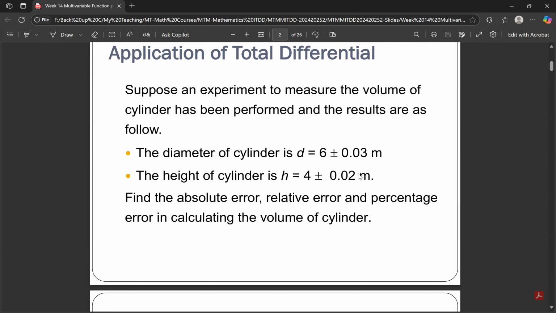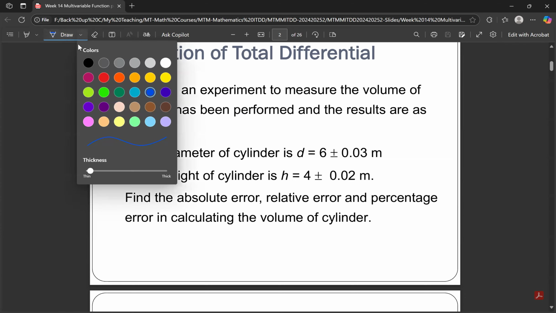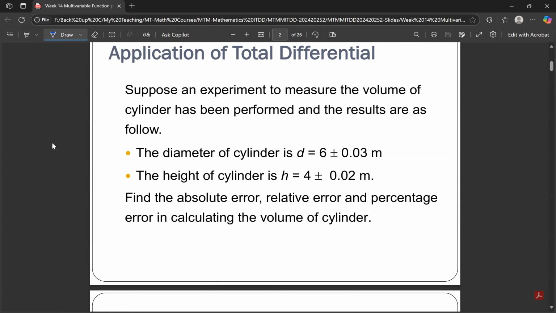As we mentioned before, the total differential can be used for approximation.